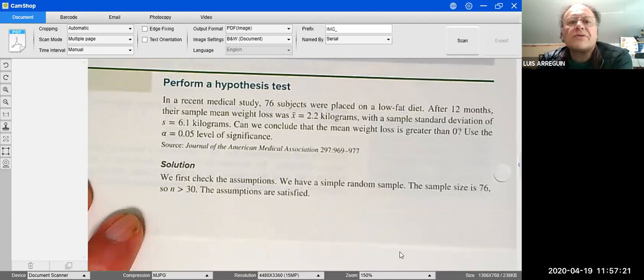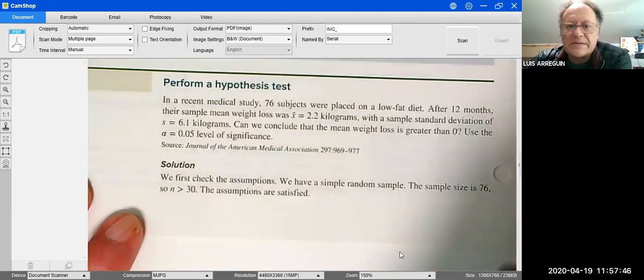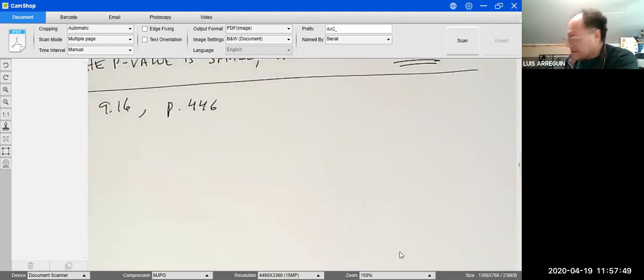After 12 months, their sample mean weight loss was x bar equals 2.2 kilograms, with a sample standard deviation of S equals 6.1 kilograms. Can we conclude that the mean weight loss is greater than 0? You're going to use alpha equals 0.5. Alpha is the level of significance. So that's the problem. Let's try to solve it now.